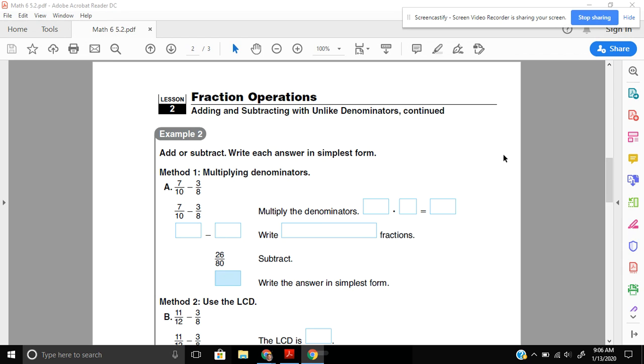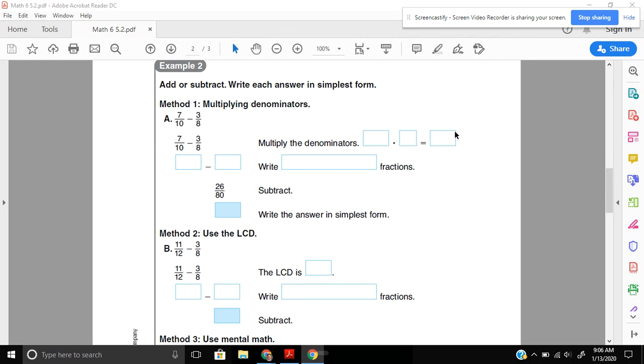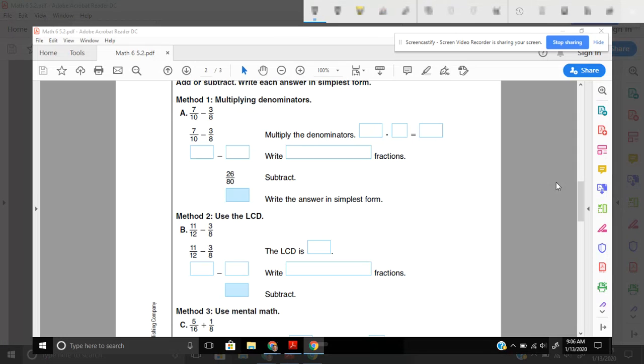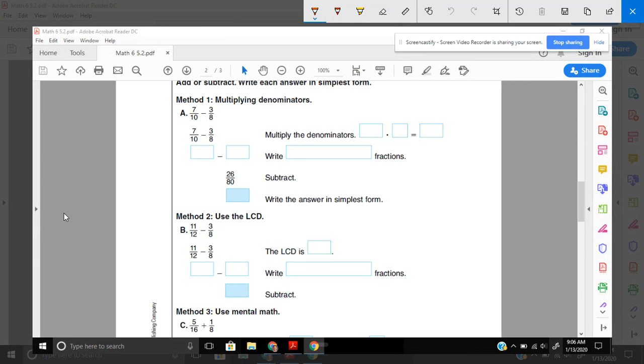And we've got a couple different methods to apply for example 2 and see how that goes. It says add or subtract, write each answer in simplest form. Okay, so this is the first method, and this is without using the least common denominator right away.